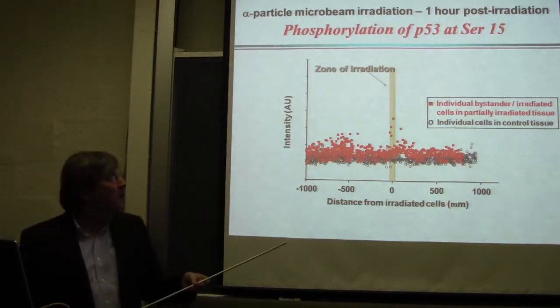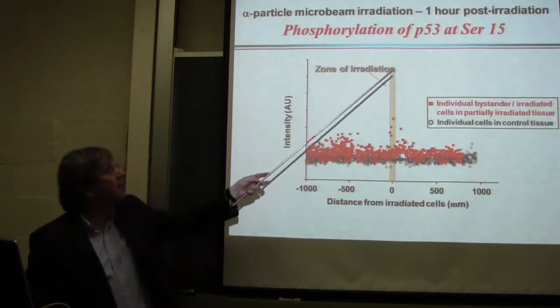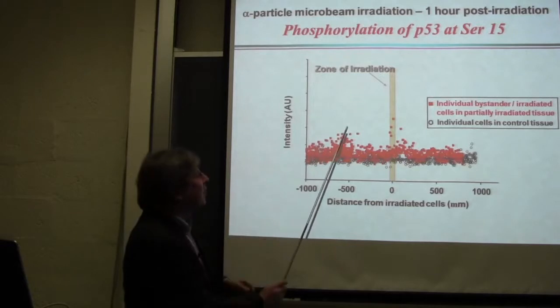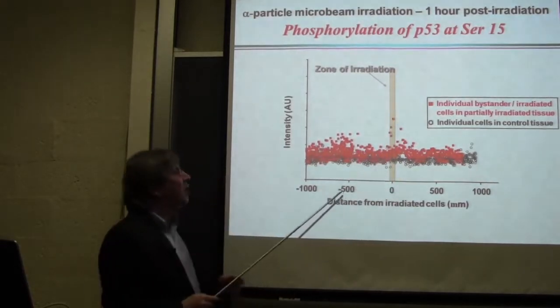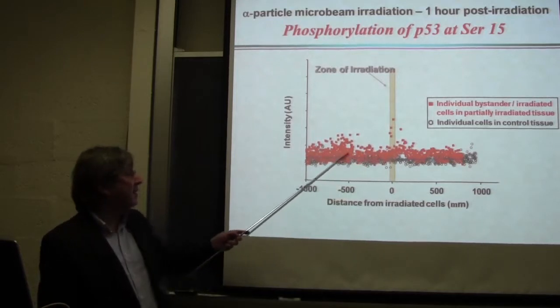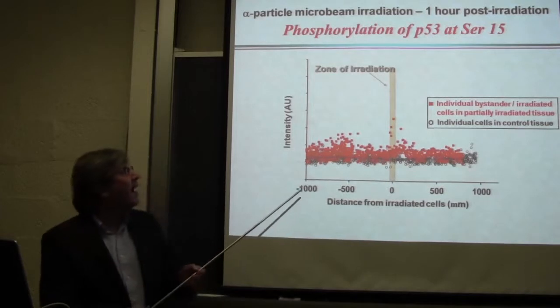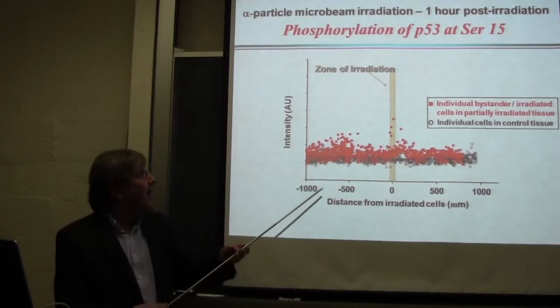Another example with a molecular endpoint here. This is phosphorylation of p53 at a given location, Brian Panaya's work. So we're irradiating just this region right here, and then we're looking at distances far away from the irradiated plane at phosphorylation of p53.